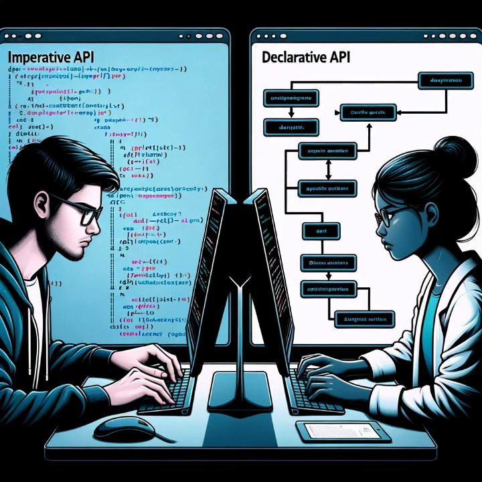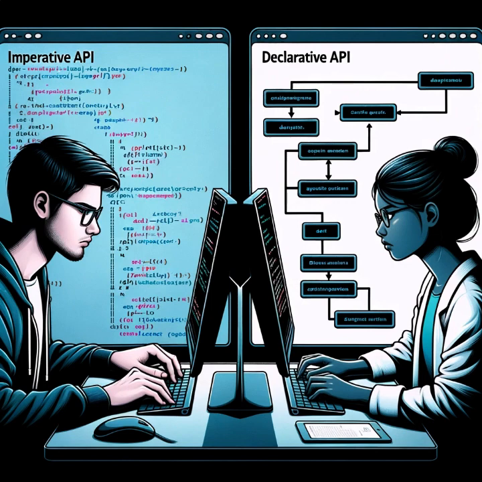Now, let's move on to declarative programming. While imperative programming focuses on the how, declarative programming is more about the what. It describes the desired outcome without detailing the steps to achieve it. When an API is designed declaratively, it takes a description of the desired result and figures out the necessary steps.